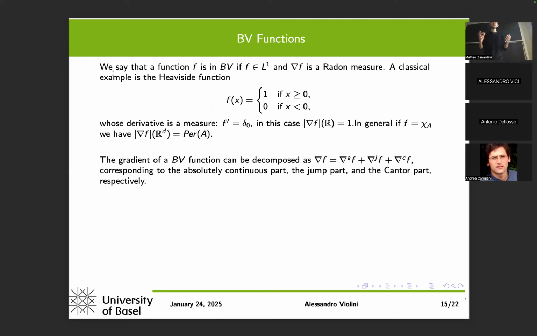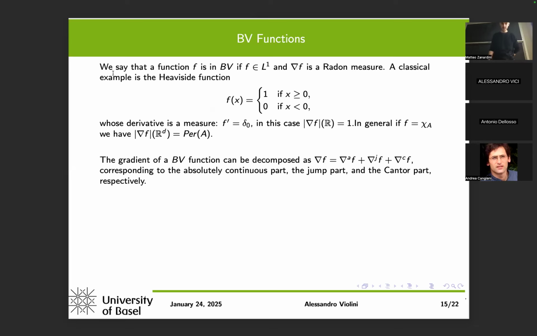And then you have the Cantor part, which is simply everything else. Let me also say that for a BV function, the jump part is concentrated on a hypersurface. So the Cantor part is the part that is not concentrated on any hypersurface and not even on an open set. Otherwise, it would be the absolutely continuous part.